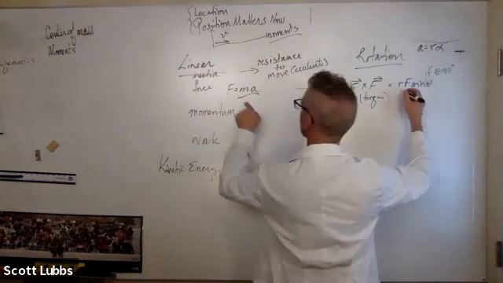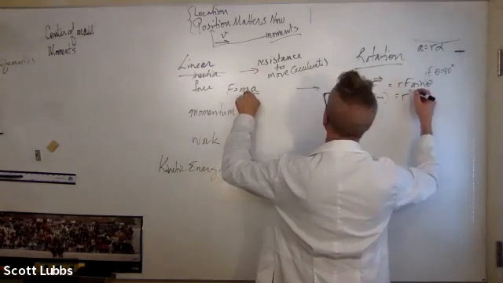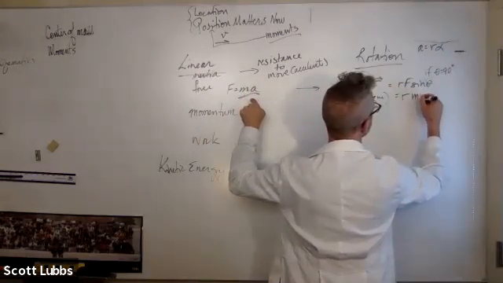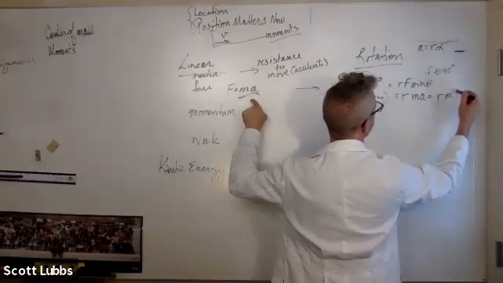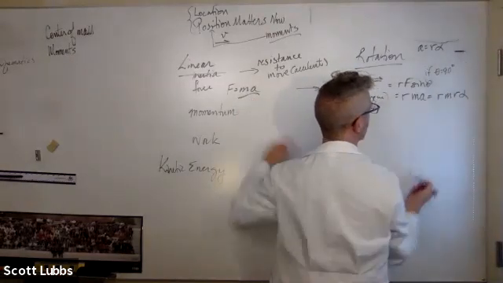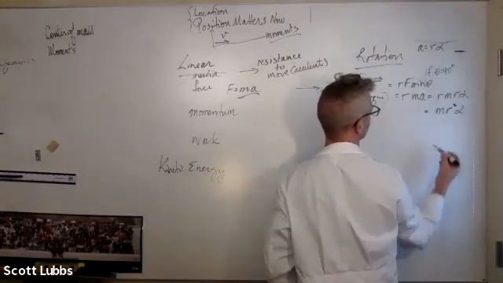So what you end up with is r times F, which is ma, but I'm rotating, r m r alpha, and I end up with this m r squared alpha.